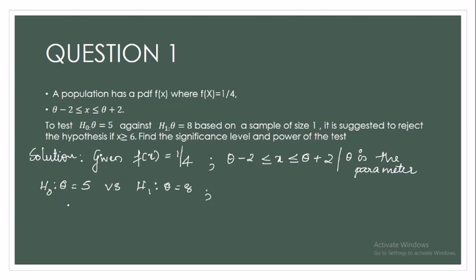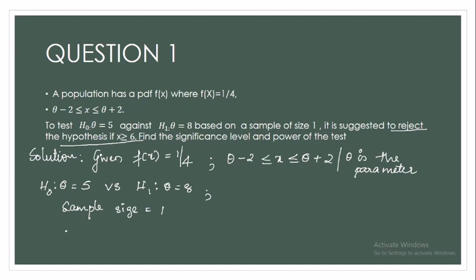Then what is the other information that we have? The sample size is 1. Then we are also given that it is suggested to reject the hypothesis if x is greater than or equal to 6.